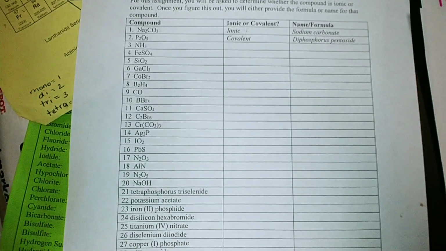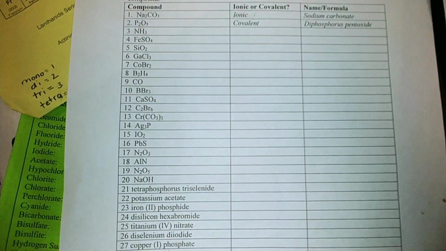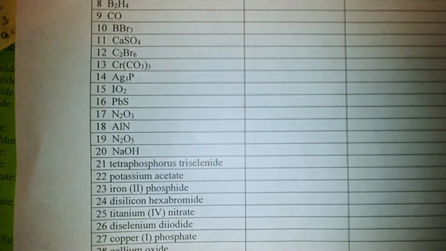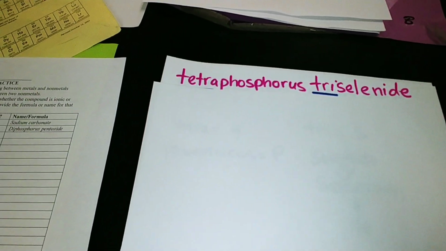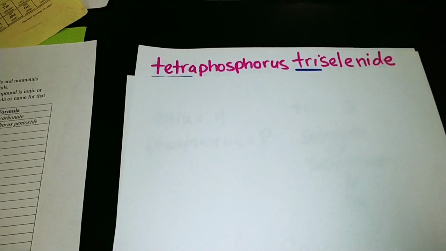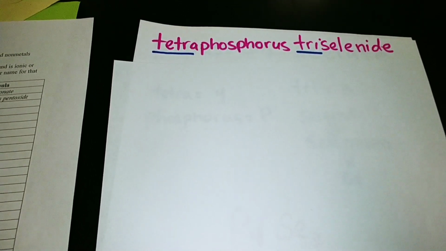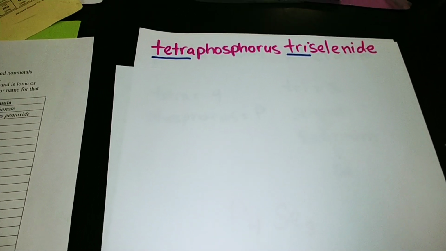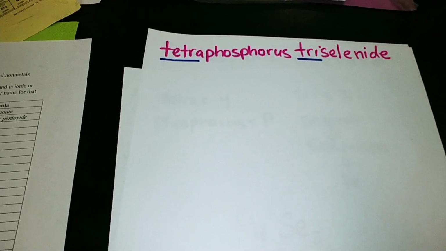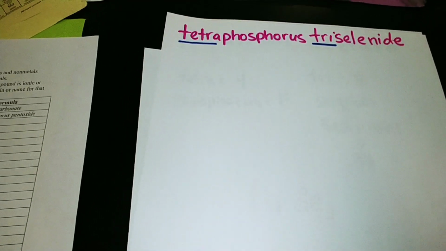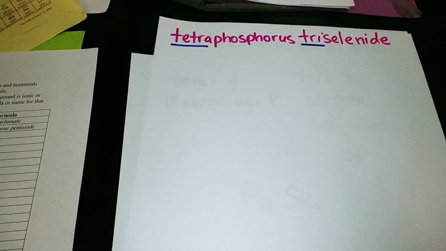So take a look at another example, like 21. Tetraphosphorus triselenide. What if they give us the name and they're asking us to find the formula? In this case, I see that there's prefixes, so I know automatically that it's covalent. Although if I look at phosphorus, the first word, phosphorus is a nonmetal, so I know it's covalent as well.